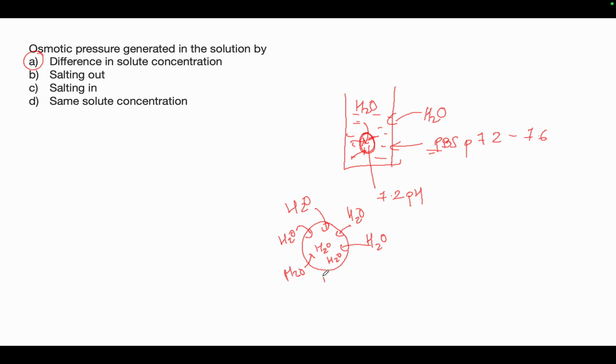Once the water has moved inside, what will happen? The cell will increase in size and finally it will burst open. So this is how osmolysis occurs. So difference in solute concentration can lead to osmotic pressure change.